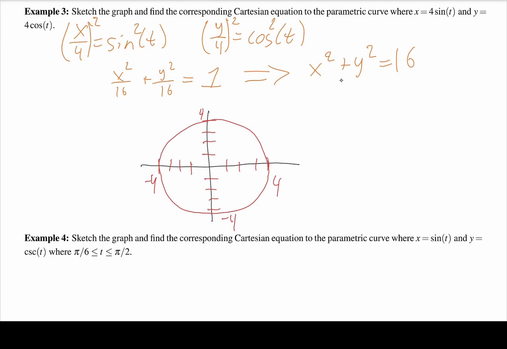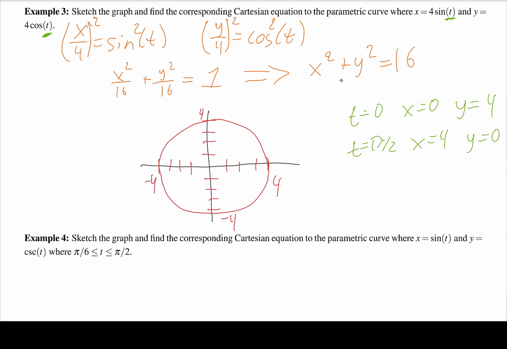And so now the only important thing left is to determine the direction on this curve. So if I start with t equals 0, I would have gotten x equals 0, y equals 4. Right, that's just by plugging in 0 for t in these equations. If I did t equals pi over 2, I would get x equals 4, y equals 0.